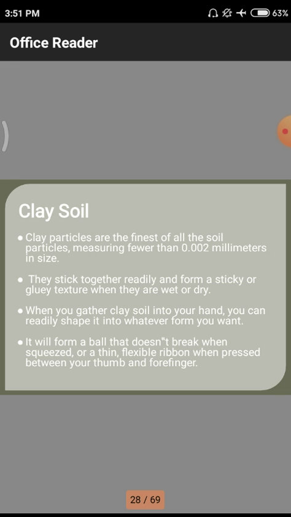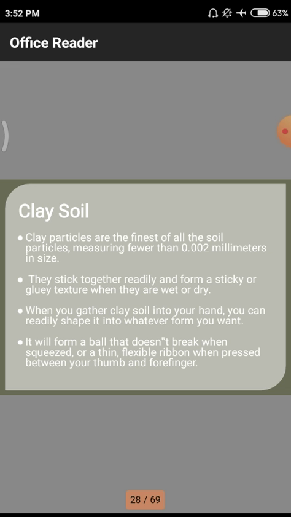But clay soils are much smaller than silty soils, less than 0.02 millimeters in particle size, and they stick together readily and form a sticky or gluey structure when they are wet or dry. That means when we add some water, the clay material, which is the binding material, will stick to each other. There may be some gluey nature to these clay soils.